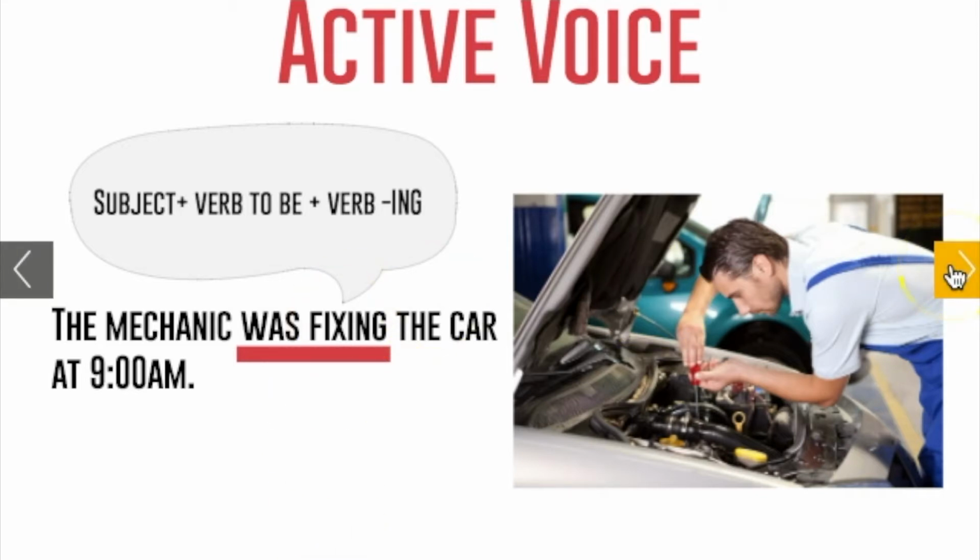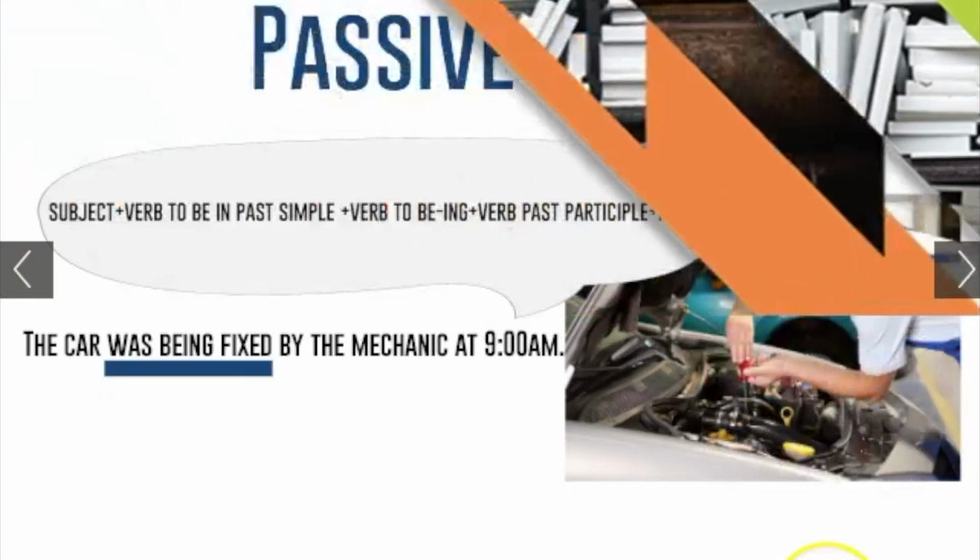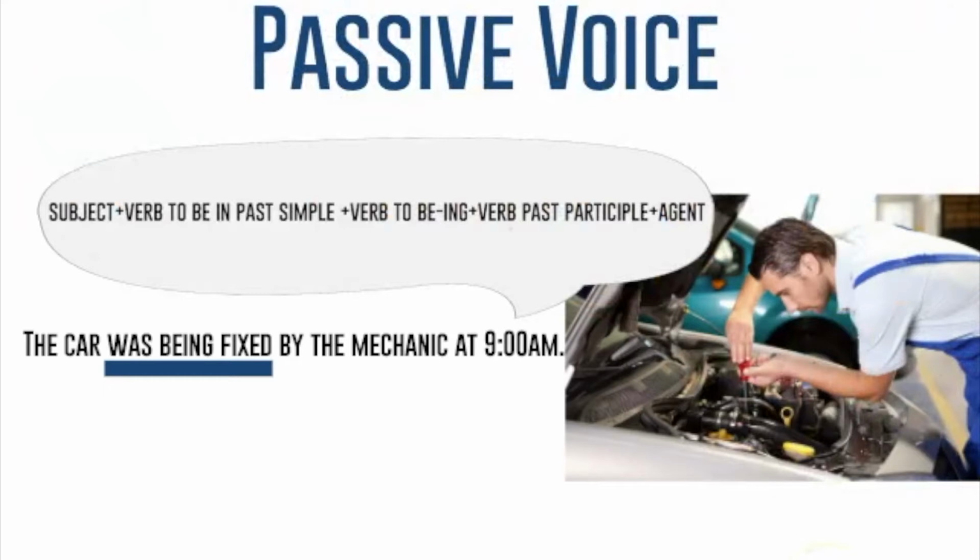Let's change the same sentence into the passive voice. We have the car was being fixed by the mechanic at 9 a.m. As you can see, the car now becomes the subject of this sentence.